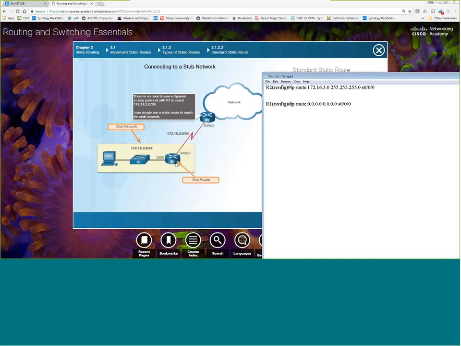For directly connected, from what we see in the topology, just the 172.16.2.0 network. That is the correct answer. From what we can see in the topology, 1, because there may be others in that network cloud that we don't see in this topology. Very good.